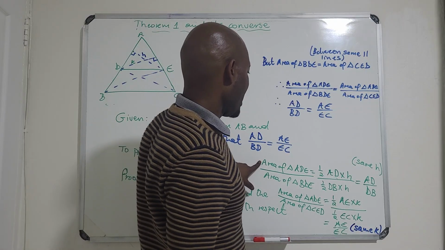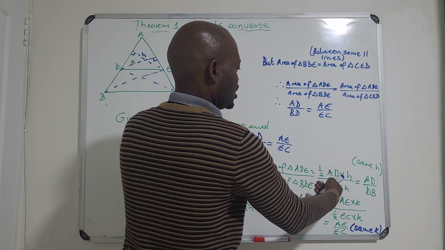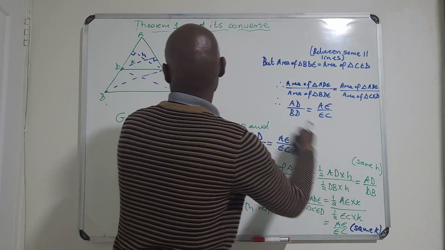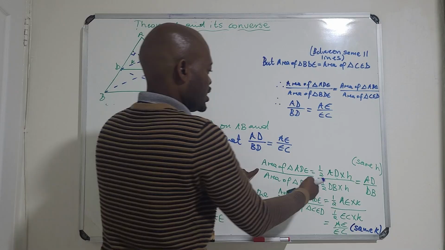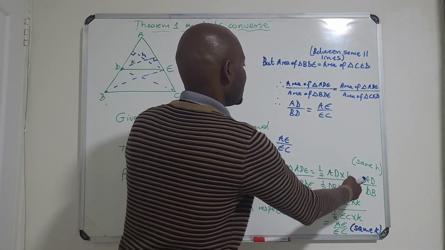Area of triangle ADE, still the same thing, is half AD times height. We know how to get that. Area of triangle BDE is half BD times height.